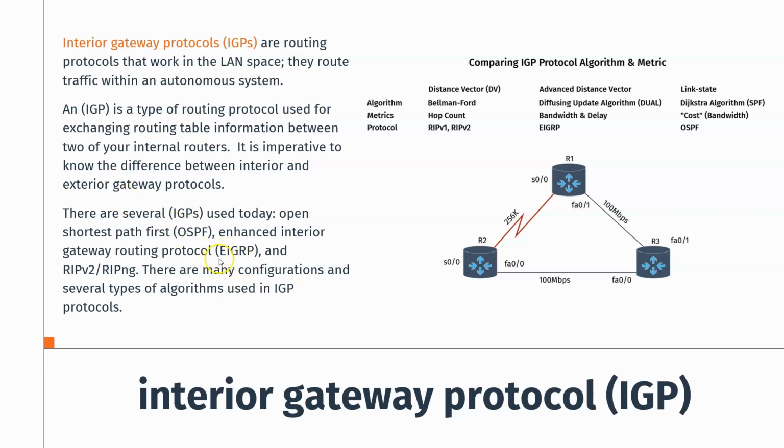Several of them here. We have EIGRP, Enhanced Interior Gateway Routing Protocol. So several of them. OSPF is the one that you want to focus on. Know a little bit about these others, EIGRP and RIP v2. RIP Next Generation is for IPv6.